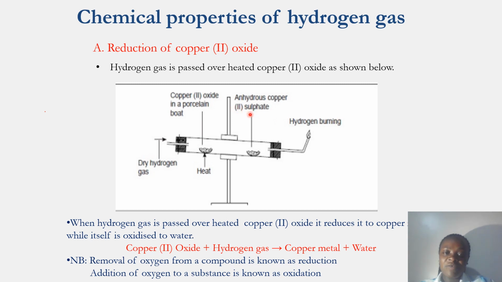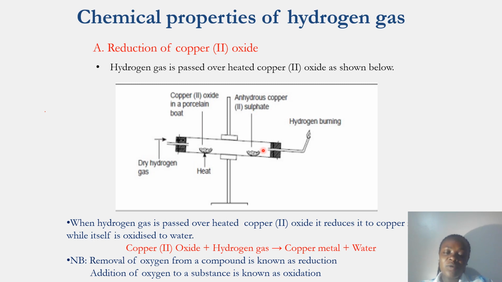Then what is the purpose of this anhydrous copper 2 sulfate here? So anhydrous copper 2 sulfate is for the test that the liquid that will be formed here will be water. So anhydrous copper 2 sulfate is used for the test for water. So where will water form? Water will form at this end.